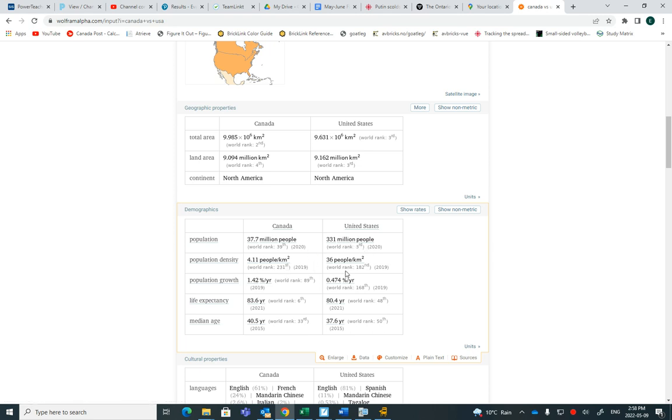Population density. Right? Every square kilometer we have 4 people. Every square kilometer they have 36 people. Population growth. We're making more Canadians than Americans are making Americans.